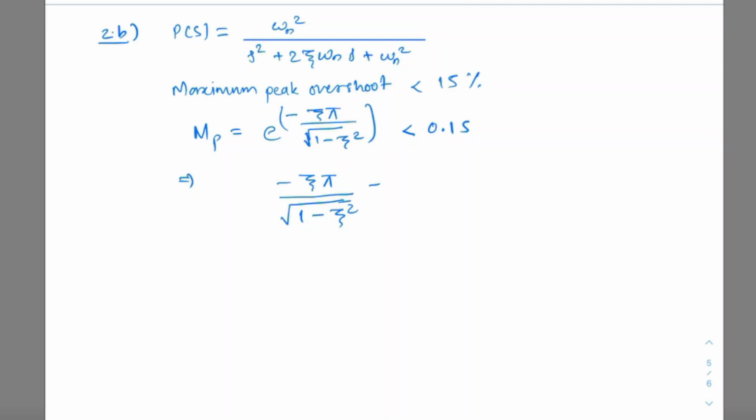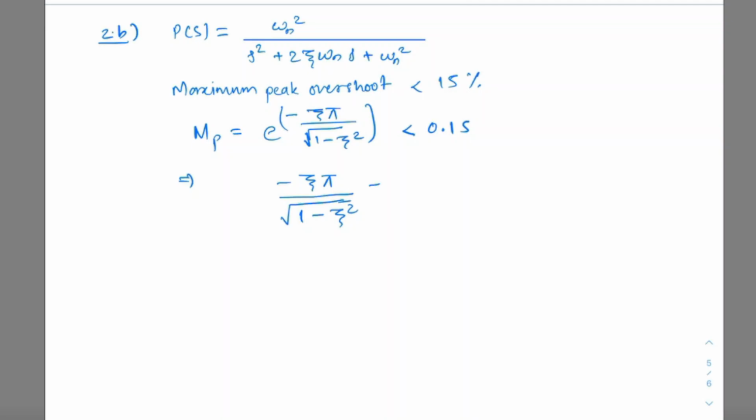This implies zeta omega n should be greater than 4. So we can combine both of these to figure out the range for omega n as well.